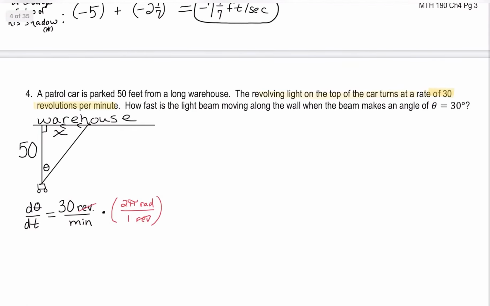If they had specified that my label needed to be in, let's say, how fast is the light moving in feet per second, then you could make the choice to either make that conversion here as well and convert the minutes, 60 seconds in 1 minute, so you could divide by 60, or you could do that at the end if it's specified.